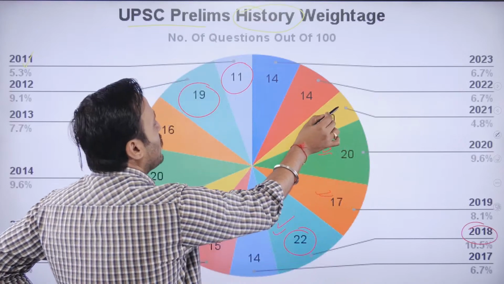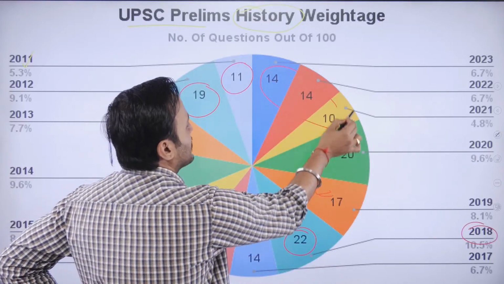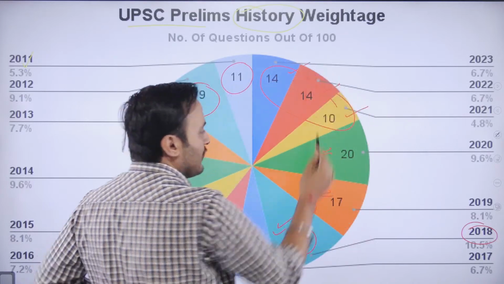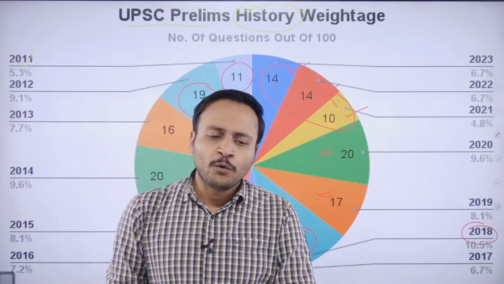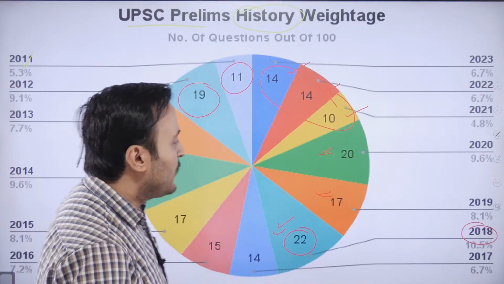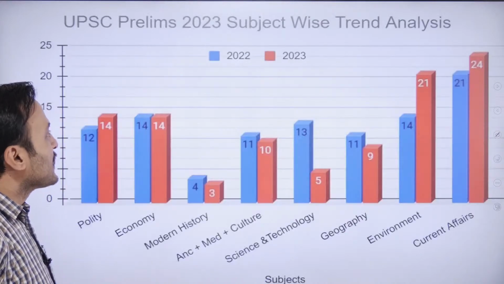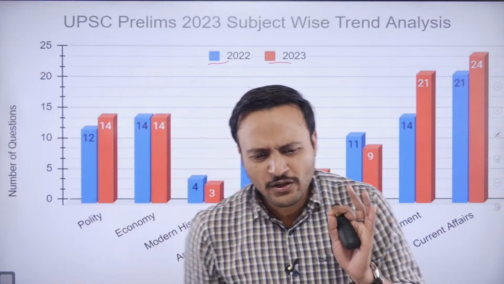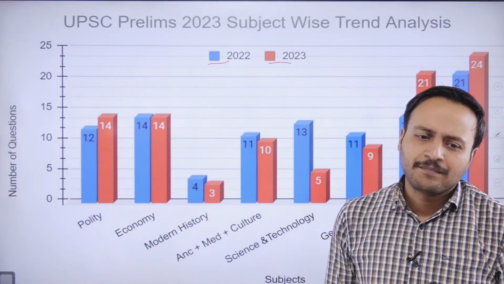But now take a look at the last 3 years, 2021, 22 and 23. The number of overall questions from history has reduced, right? But when we talk about which particular portion of history, have a look at the last 2 years, only 2022 and 2023.